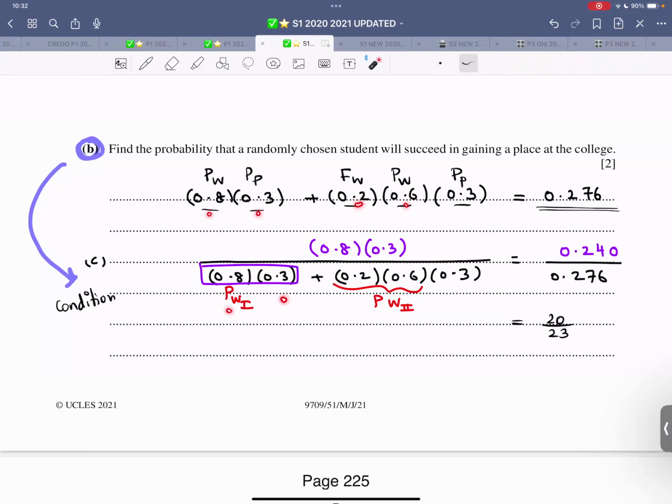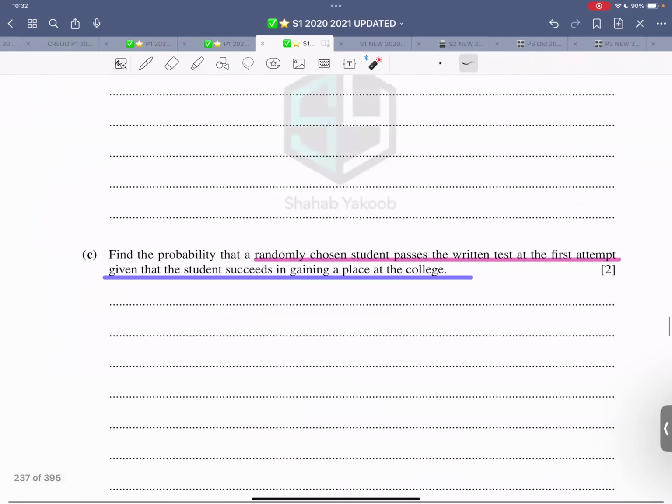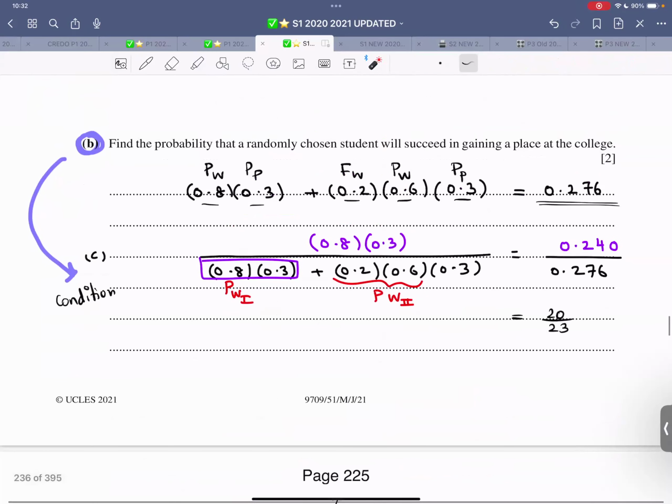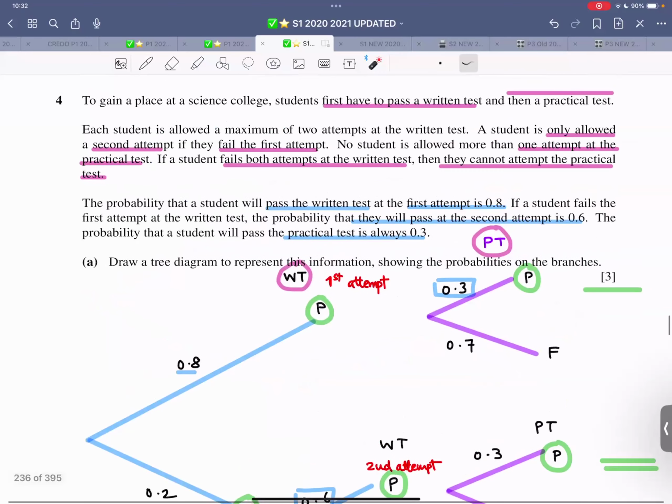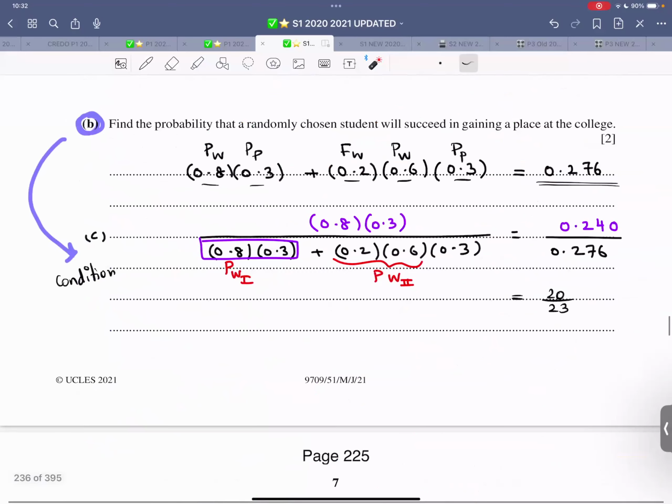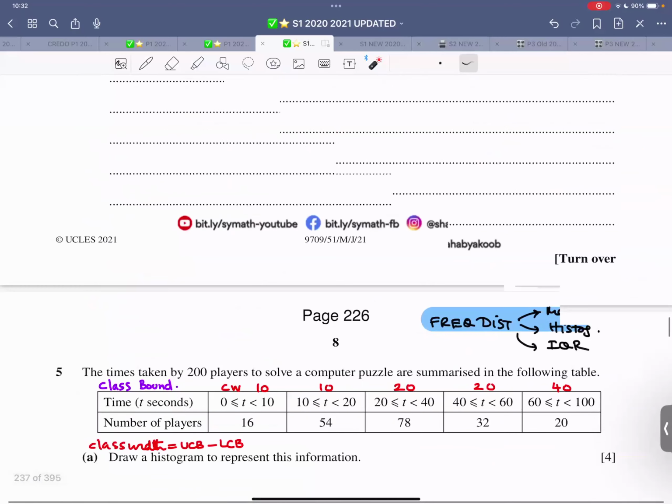Failing written test, passing, and then passing: 0.2, 0.6, 0.3. So that goes down. And then it says the randomly chosen student passes the written test at the first attempt. So this is the working for the first attempt that goes up in the numerator. Something relevant out of the condition goes up in the numerator. That is the working. That simplifies to this. I think it is again pretty basic, a standard conditional probability question.